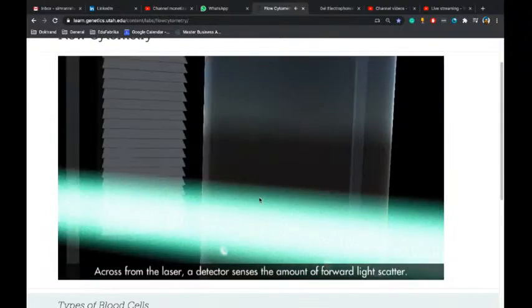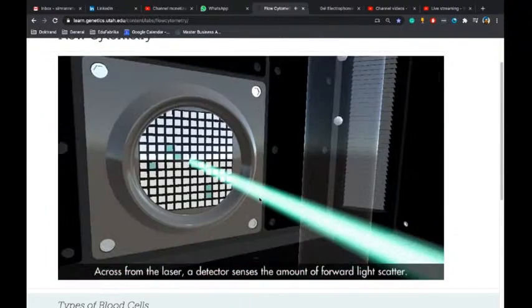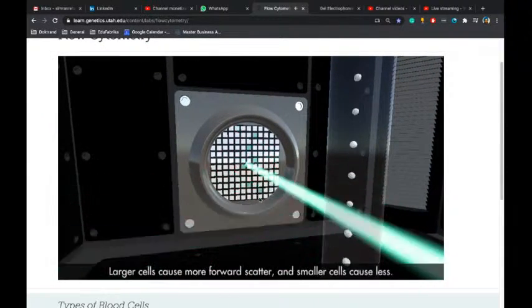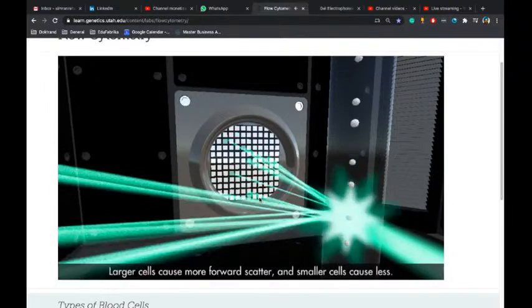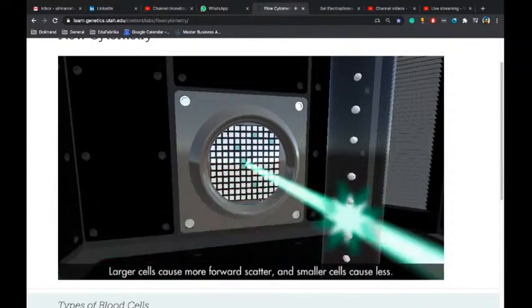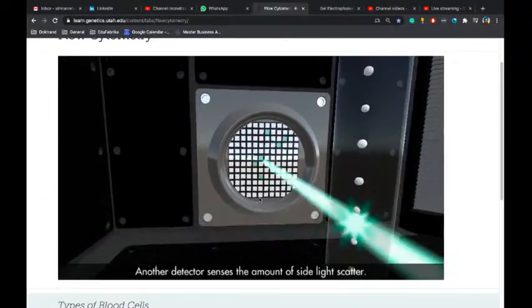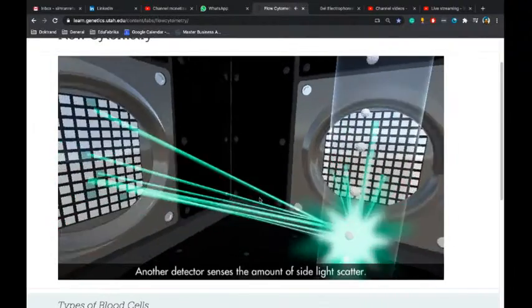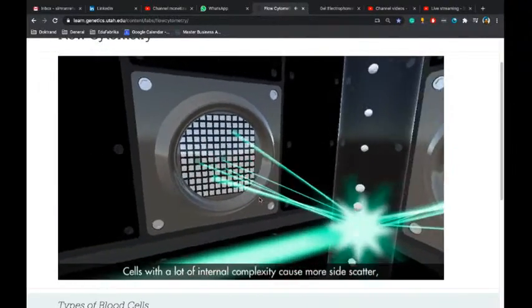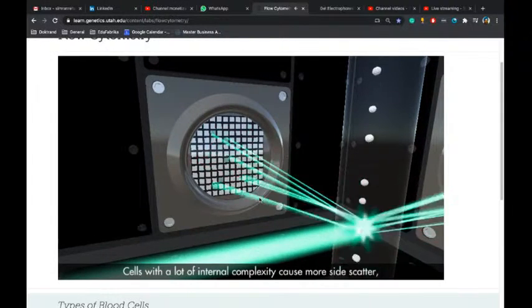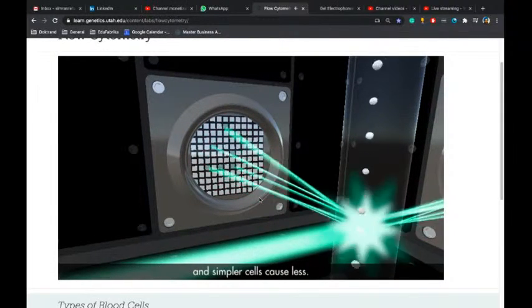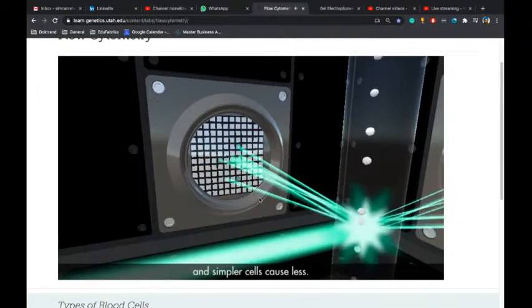Across from the laser, a detector senses the amount of forward light scatter. Larger cells cause more forward scatter, and smaller cells cause less. Another detector senses the amount of side light scatter. Cells with a lot of internal complexity cause more side scatter, and simpler cells cause less.